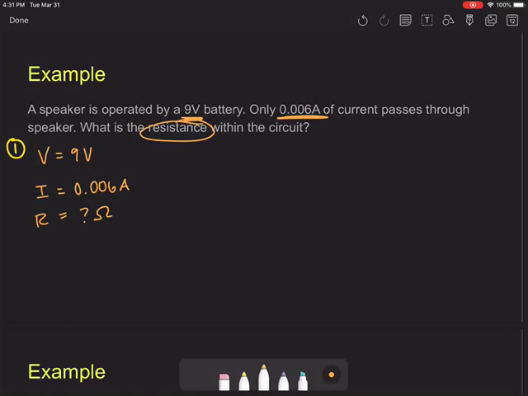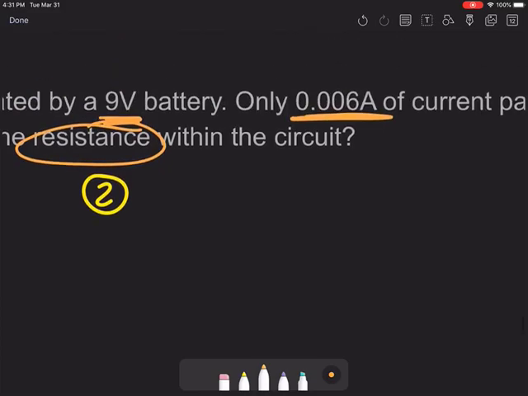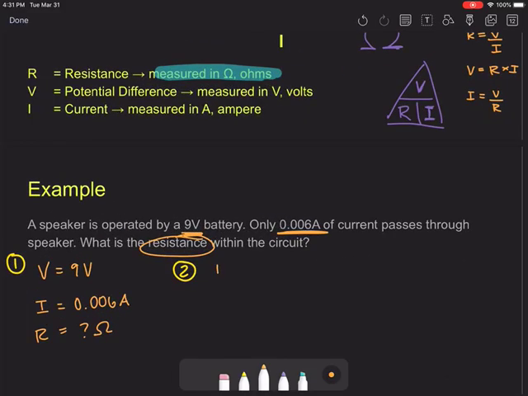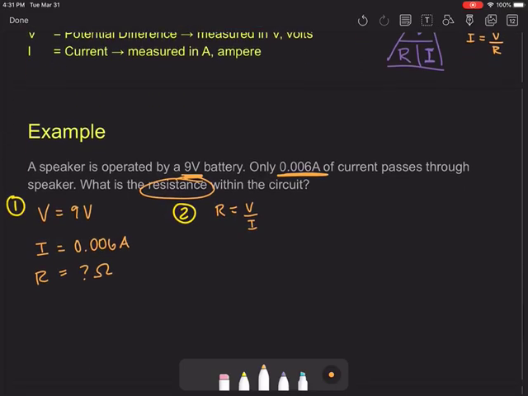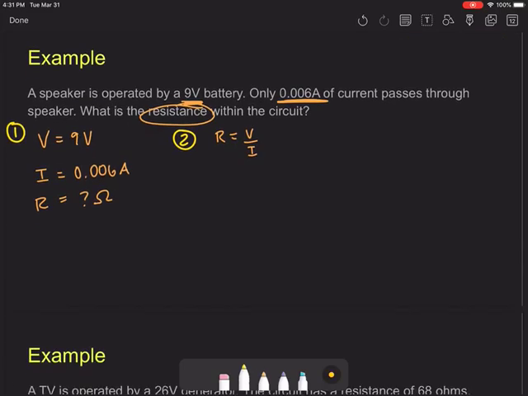Step 2 is to write out the equation I'm wanting to use. In this case, we're trying to solve for my R here. And so we're going to use the formula we actually just introduced a couple of seconds ago. And we said R is equal to V divided by I. Okay. Our third step here is to plug in all of the values we know.